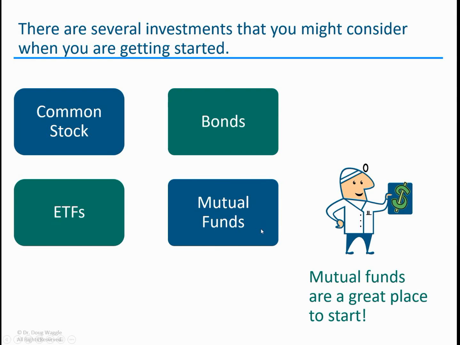We're going to just give you a quick definition of these, and then we'll see a lot more detail on ETFs and mutual funds in a later topic, and a lot more detail on both stocks and bonds. But for individual investors, mutual funds and/or ETFs are a good place to start. And these are actually a good place for more experienced investors as well. But we need to talk about stock and bonds so you know a little bit about the basics of the key types of securities that you'll find in most mutual funds and ETFs.